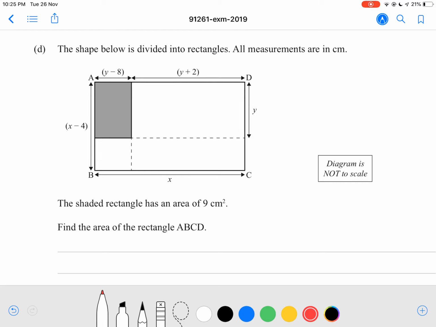It's told that this shaded area here is 9, so this is 9 centimeters squared. And we know this side length is y, so therefore this side length also has to be y. So therefore we can set up our equation: y minus 8 times y equals 9.